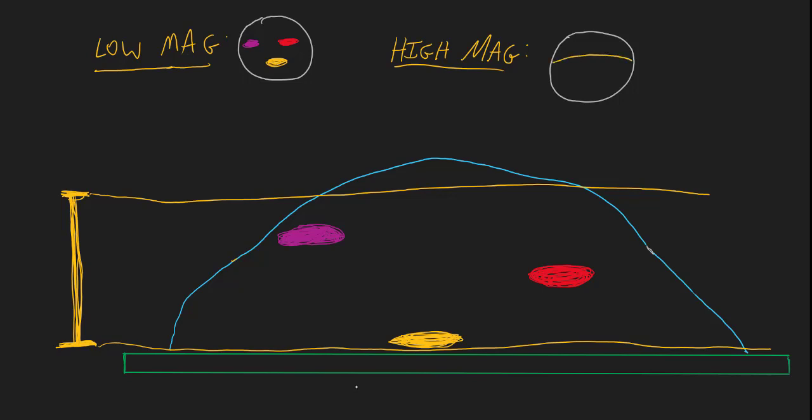Let's focus on the red guy. Let's say we have adjusted our focus, so we're looking at that red microorganism. At high magnification, we're going to be much closer to it. We're going to see it in more detail. But here's the trick.